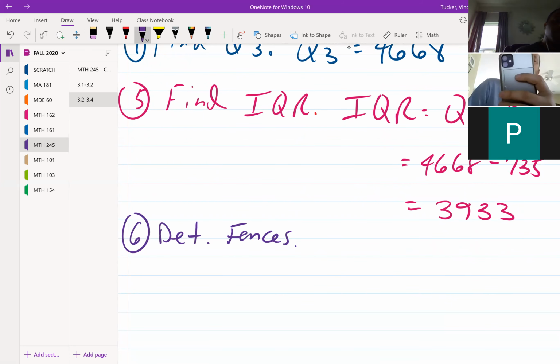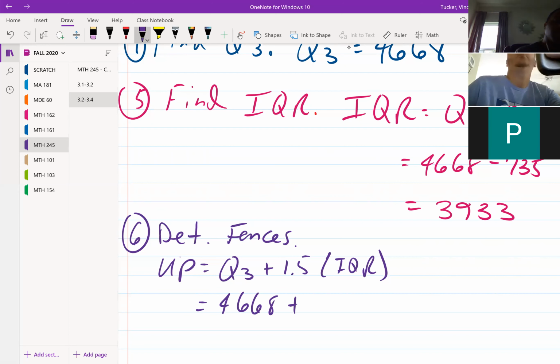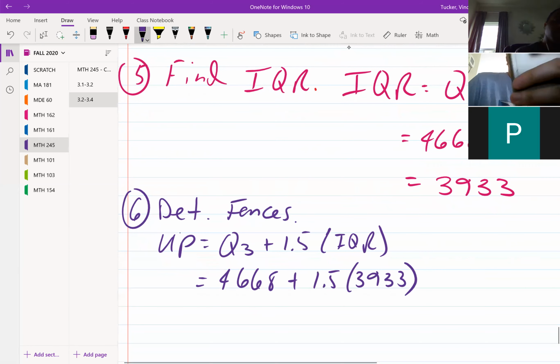All right, so remember we had an upper fence and a lower fence. Upper fence is Q3 plus 1.5 times the IQR. So that's 4668 plus 1.5 times 3933. According to the order of operations, you can't just put it in your calculator this way.